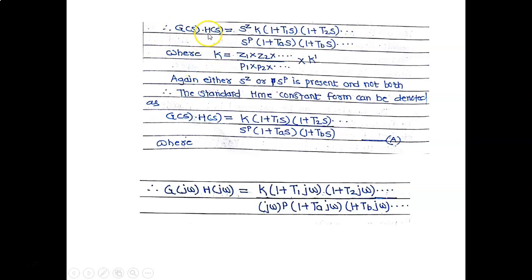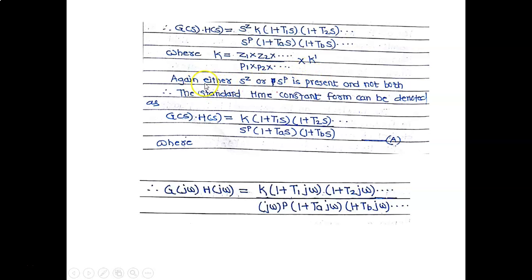Therefore, the time constant form of G(s)H(s) is equal to s raised to z into K into (1 plus T1s) into (1 plus T2s) into dot dot dot, divided by s raised to p into (1 plus Tas) into (1 plus Tbs) into dot dot dot, where K is equal to z1 z2 dot dot dot into K' divided by p1 p2 dot dot dot.